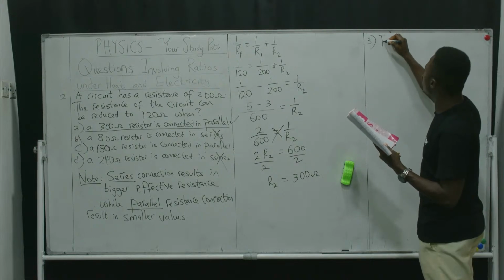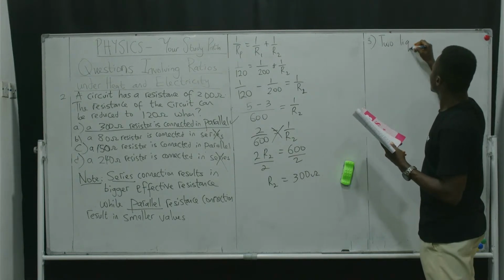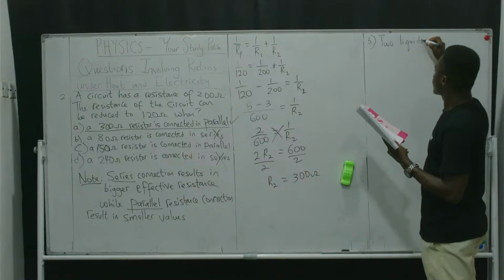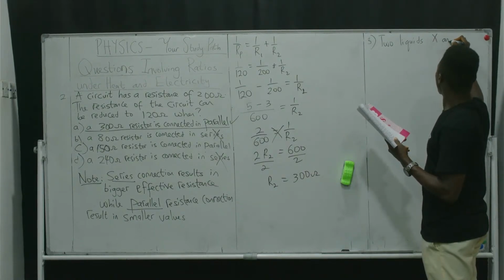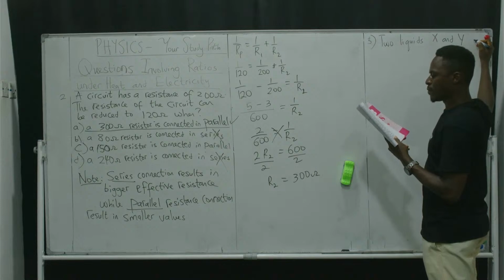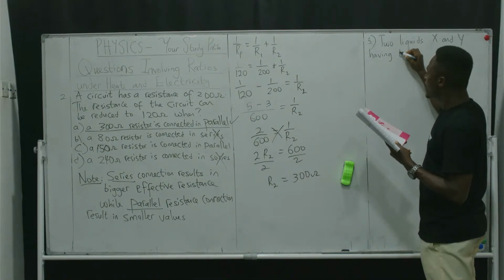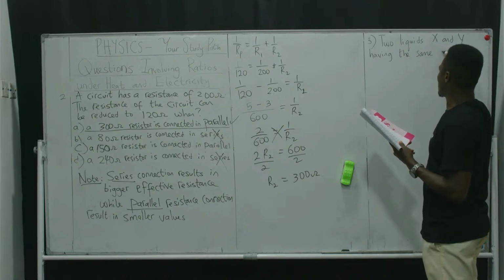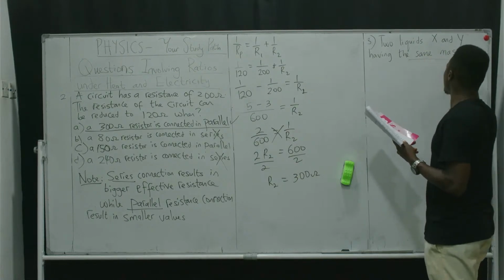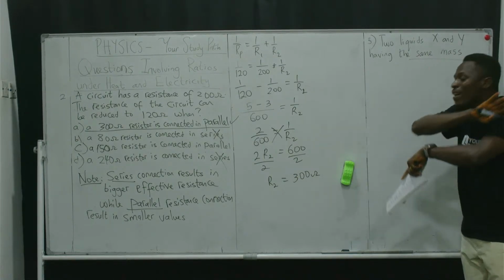We are told that two liquids, X and Y, having the same mass. Note, you can see that something was mentioned about mass here. They are having the same mass.